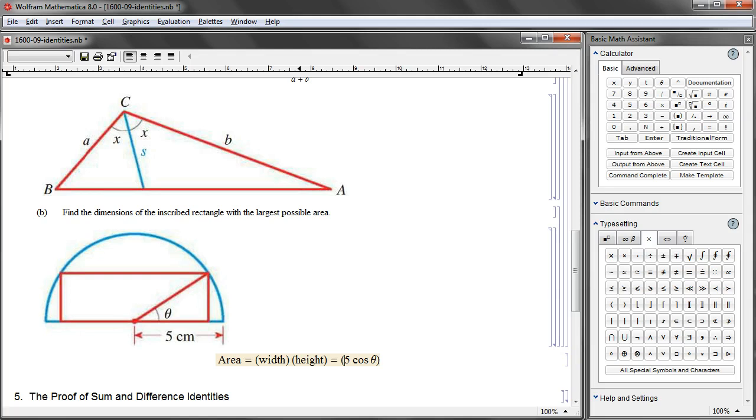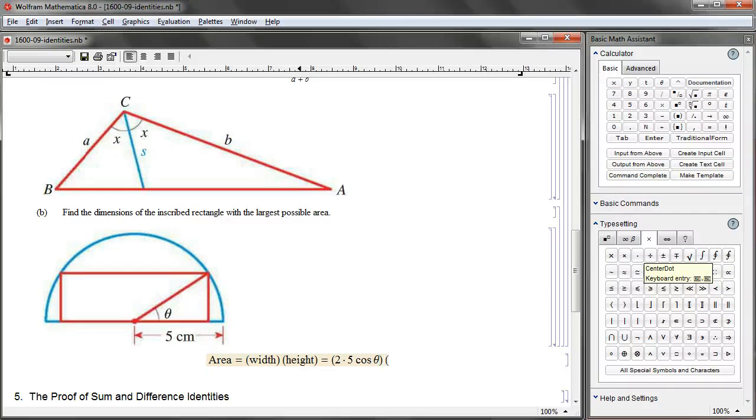Actually, no, excuse me. It's not 5 cosine of theta. Excuse me, it's 10 cosine of theta. As a matter of fact, 5 cosine of theta times 2, excuse me, because 5 cosine of theta will be just the adjacent side of this triangle, and that's going to be just half of the width of this rectangle.